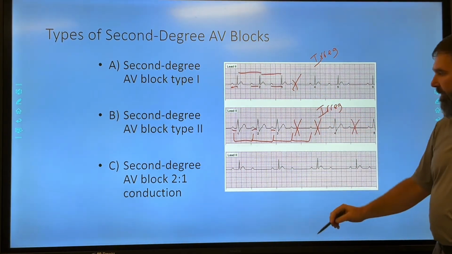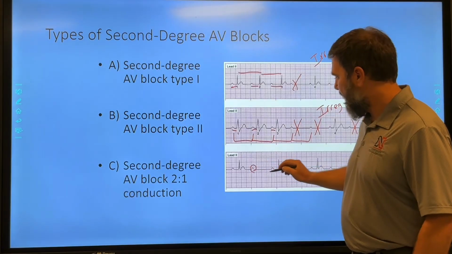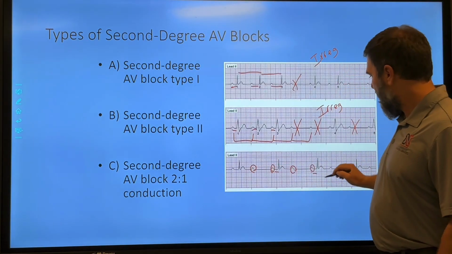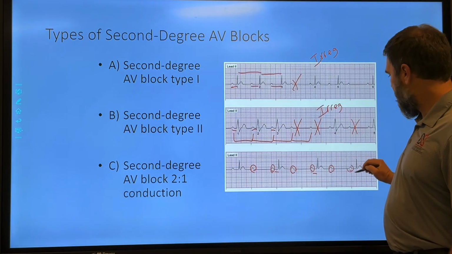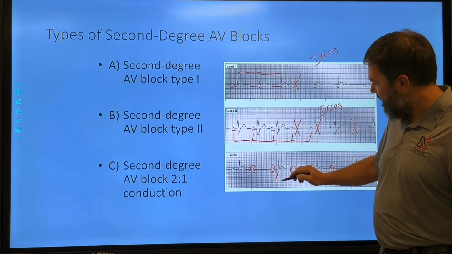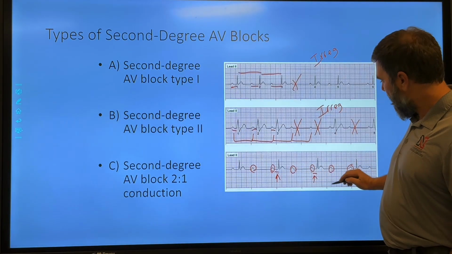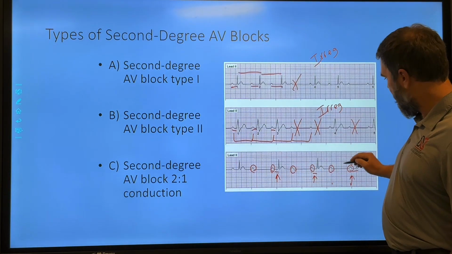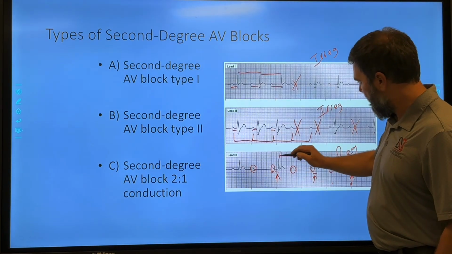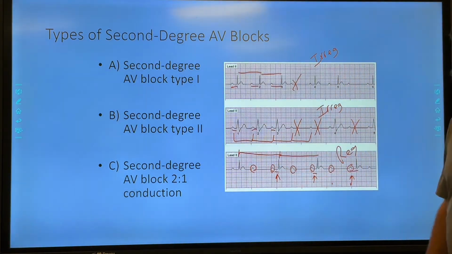And a secondary 2-to-1 block, again, 2 P waves for every QRS. The PRI is the same when it's present. Overall, the rhythm is regular because the distance between these R-to-R intervals is the same.